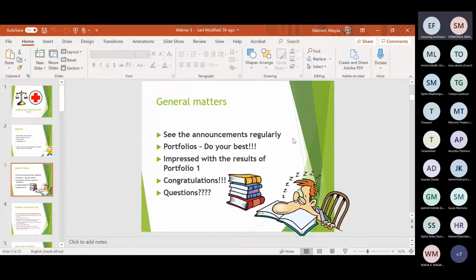Now it is only the last portfolio and then you are done. So please do not give up now. Even if you feel tired like the picture you see, do not give up. Ask us if something happens so that we can look at your case individually and either grant you an extension or help you where we can.